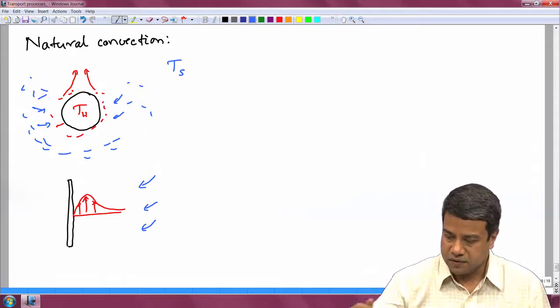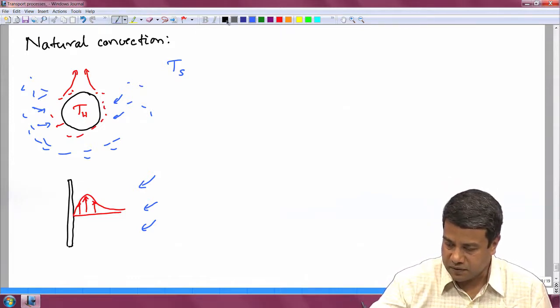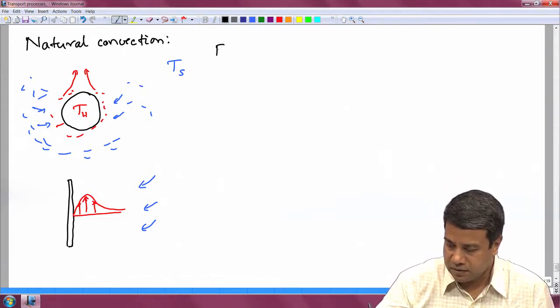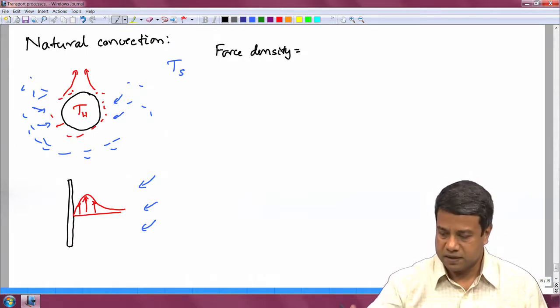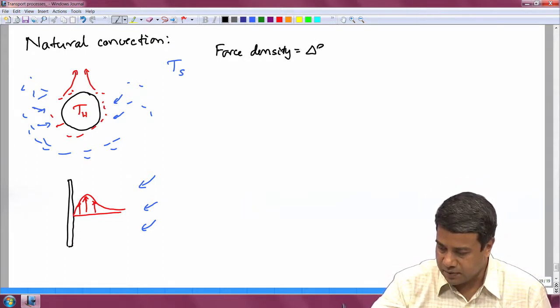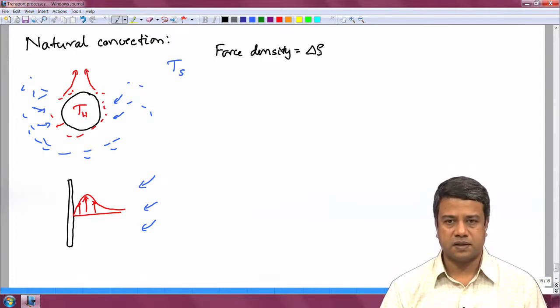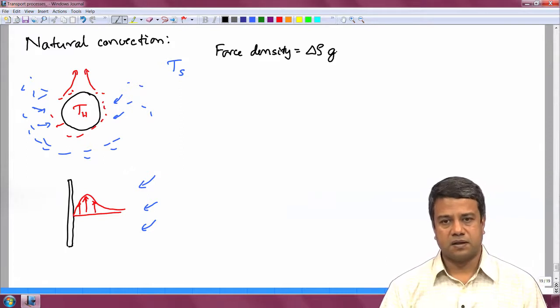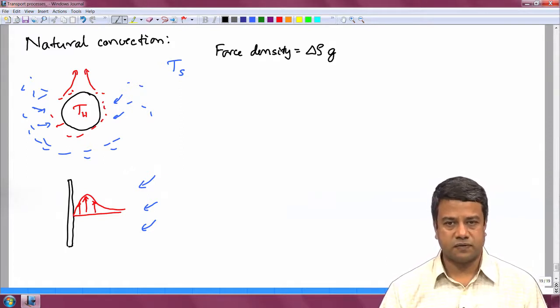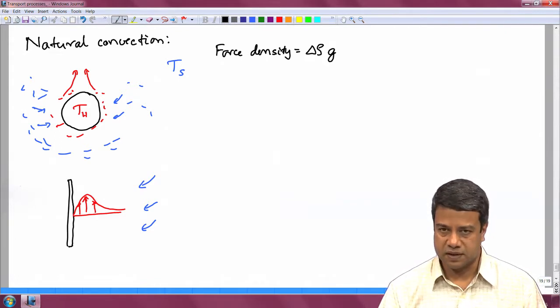The force density is of course the force per unit volume, which can be written as the difference in density between the hot and cold parts times the gravitational acceleration. So, mass times acceleration is a force, the difference in density times the acceleration is a force density.